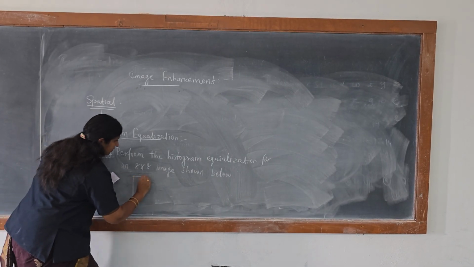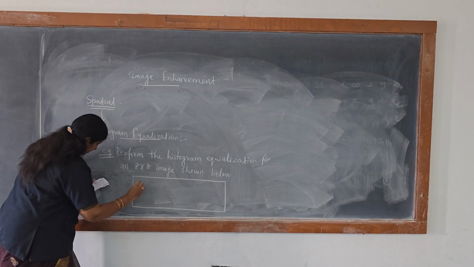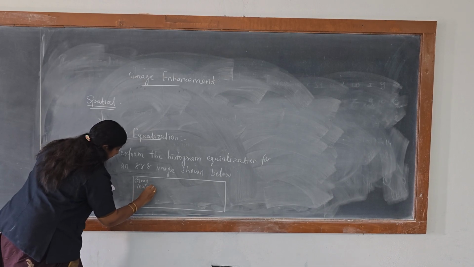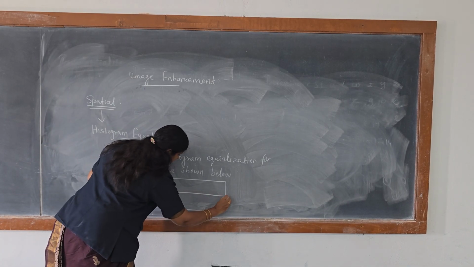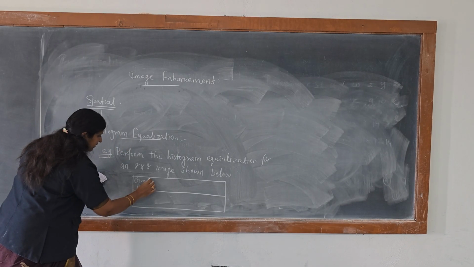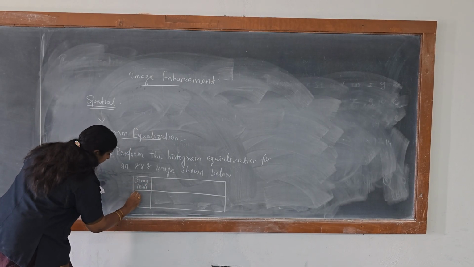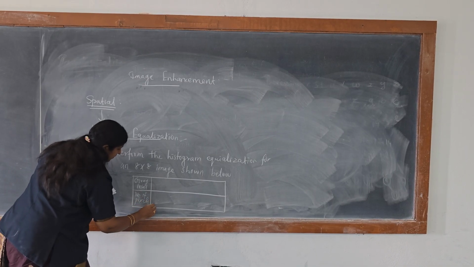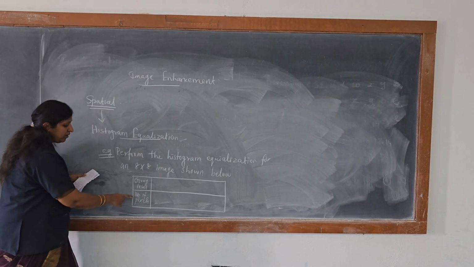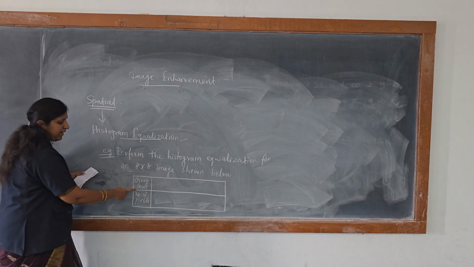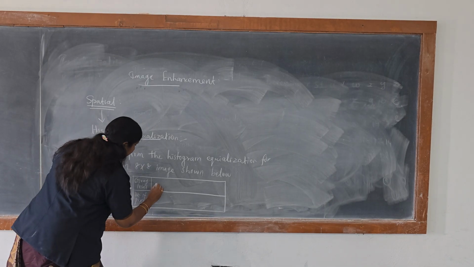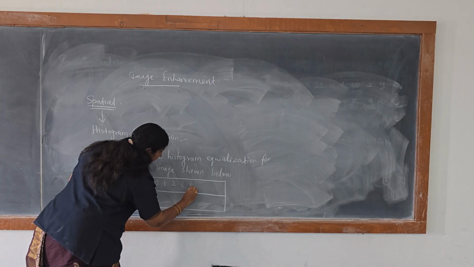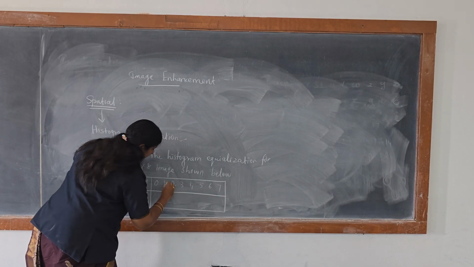The data given is in the table: gray level, that is the intensity value of each pixel, and number of pixels, which is the number of occurrences of that gray level value in the image. The given values are 0, 1, 2, 3, 4, 5, 6 and 7.